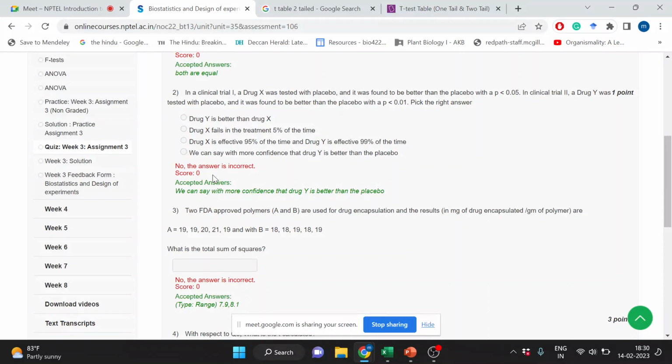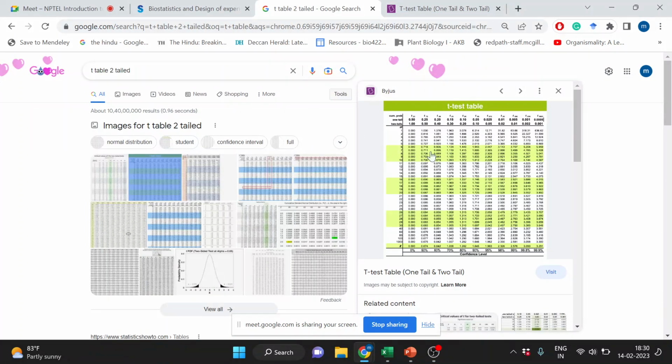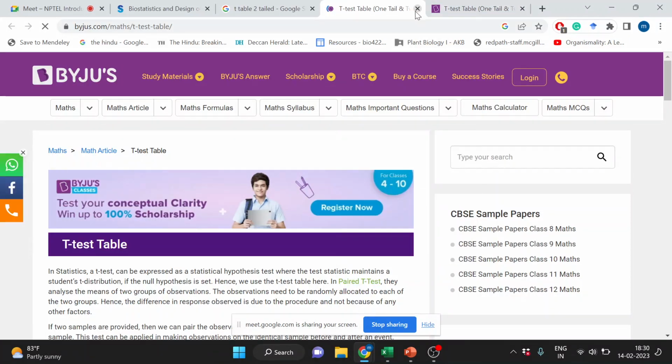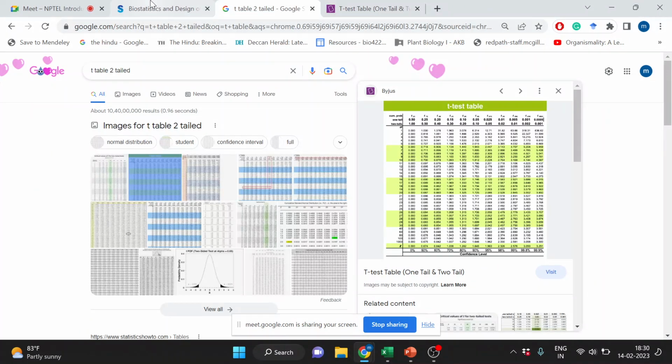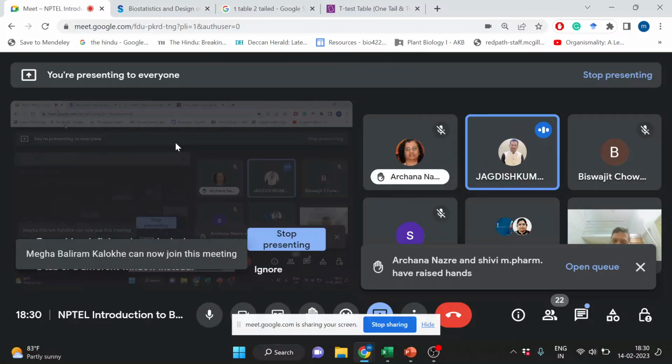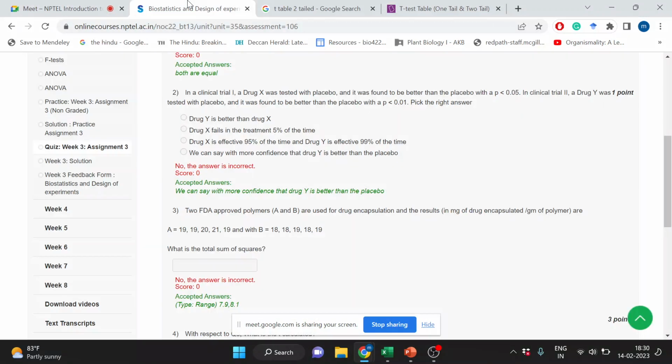Yes, but you need to check your t value is greater than whatever you look up in that table. Yes, we understand. But now for our decision making, whether A is better or B is better, you check the mean: if positive is observed, then A is better; if negative is observed, then B is better. Am I right? Yes. Okay.